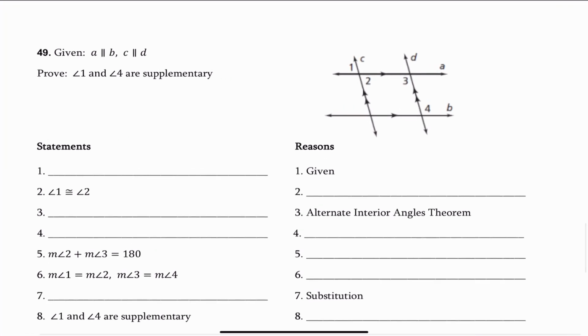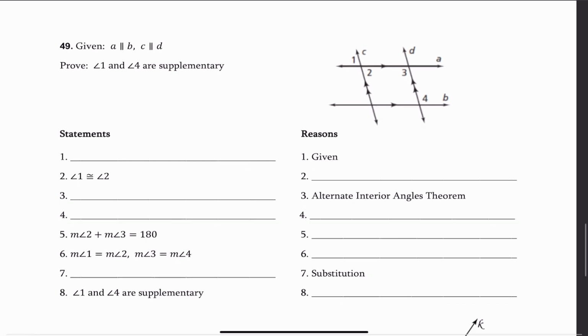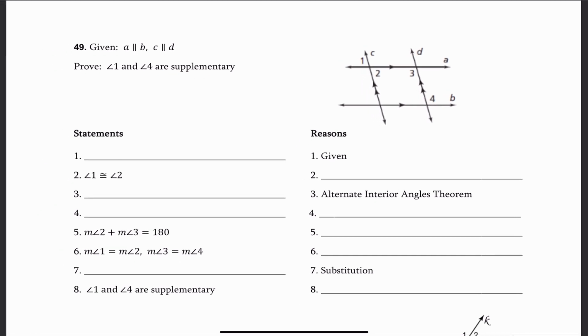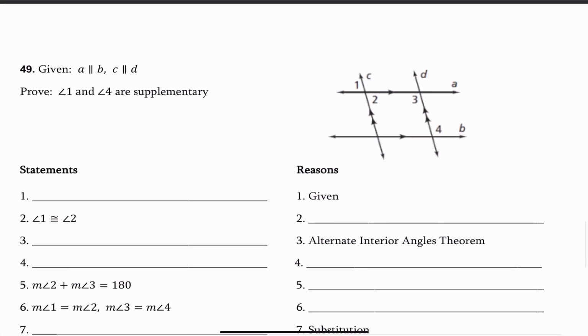Given that A is parallel to B and C is parallel to D, prove that angle 1 and angle 4 are supplementary. So, since I am given A parallel to B, here's line A, and here's line B. Those two are parallel, and we can see that they already have these arrows.